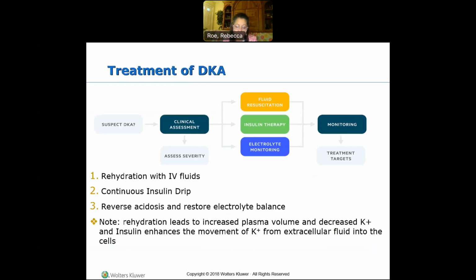Additionally, that glucose and water are biochemically linked, and they are osmotically drawn across the cell membranes together. If you don't get adequate fluids into the patient before you start that insulin therapy, the insulin will continue to draw that glucose and water out of the intravascular space and cause further volume depletion and potential circulatory collapse.